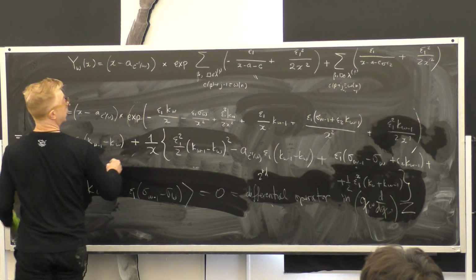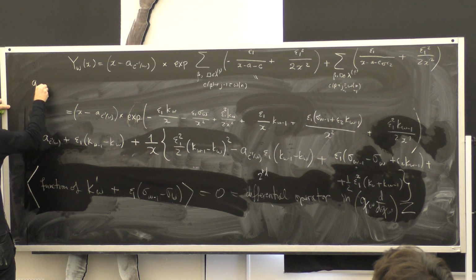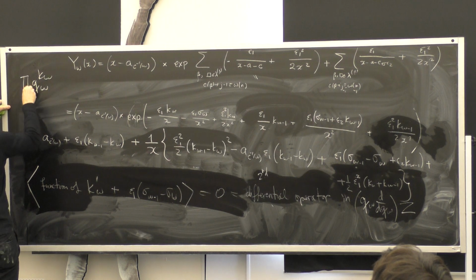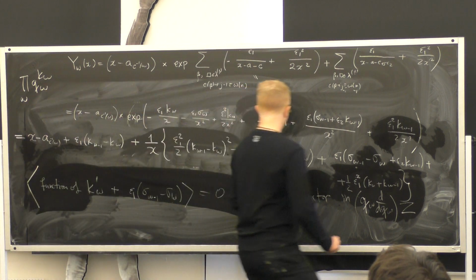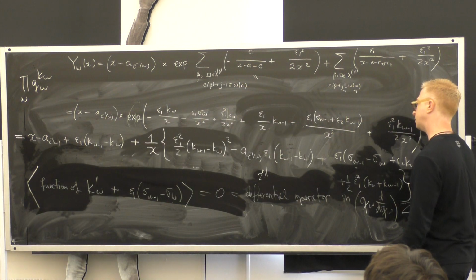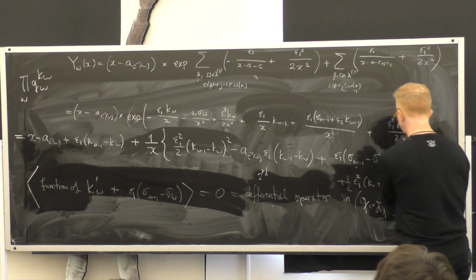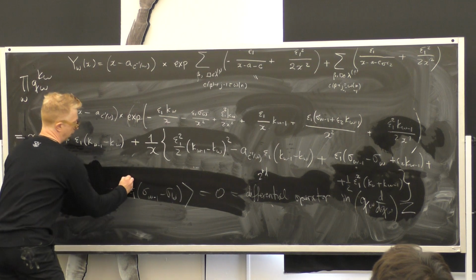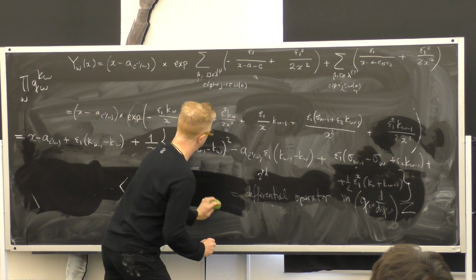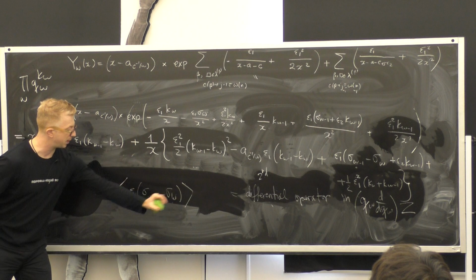Because remember, we have generating parameters for K's, and therefore inserting K in the correlation function is the same thing as just differentiating with respect to Q. So the identity now is that the differential operator in Q's is equal to the expectation value of the difference sigma omega minus pi minus sigma omega.